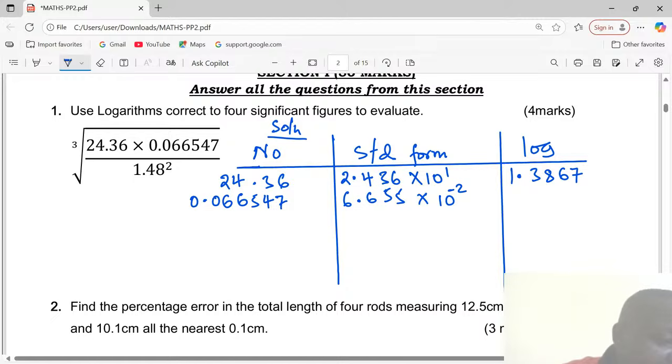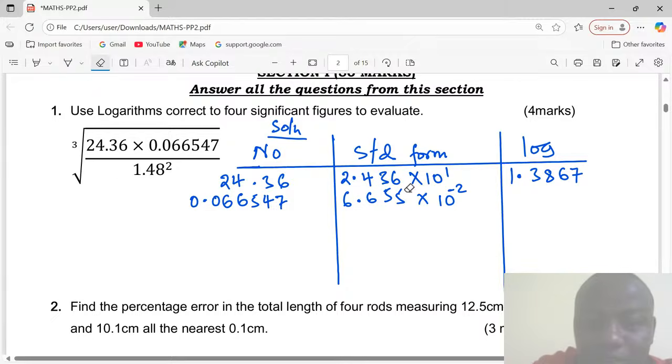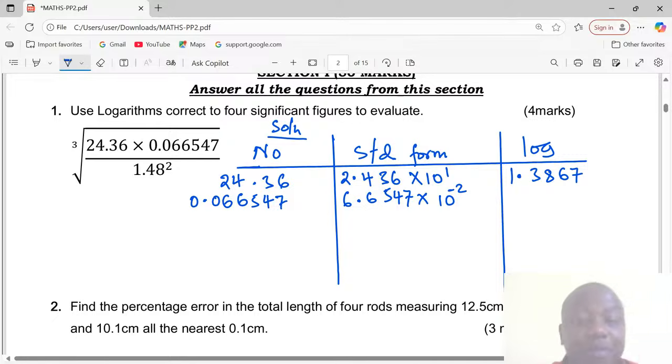But in our case, whereby this logarithm can be computed from the calculator, which is not a 4-figure table, we can just keep our 6.6547. If it was the math table, I would have rounded it to 4 significant figures because a 4-figure table handles 4 significant figures. Then the log becomes bar 2 according to the power of 10. So you write the log of 6.6547. This gives us 8231.